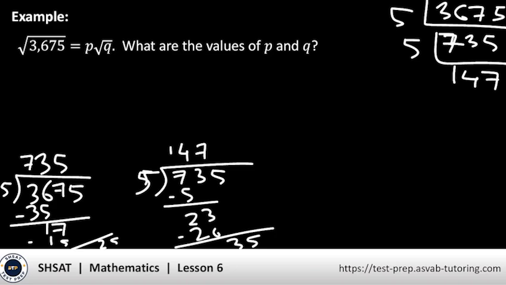You need to now think about what actually gives us this 147, okay? So let's try to figure that out. If you look at other numbers, not 5, not 2 or 3, if you look at 7, can 7 divide 147? Yes, it can. Why? Because 7 times 2 is 14, 7 times 3 is 21, right?